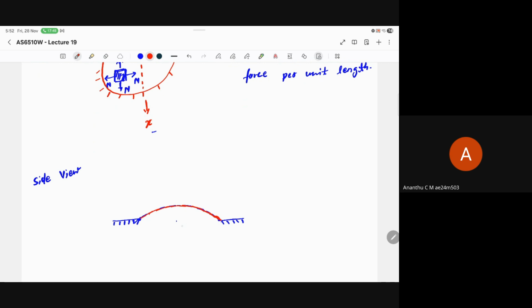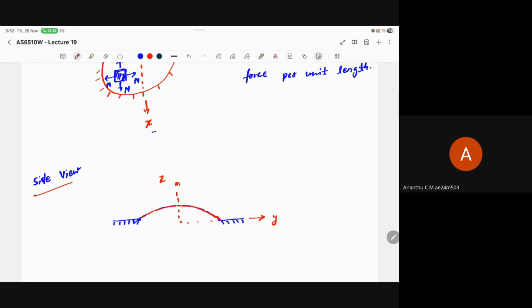Okay, and let us say somewhere here is the center, and so we are talking about side view. So this is your, let us say, y axis, and then this will be your z axis.